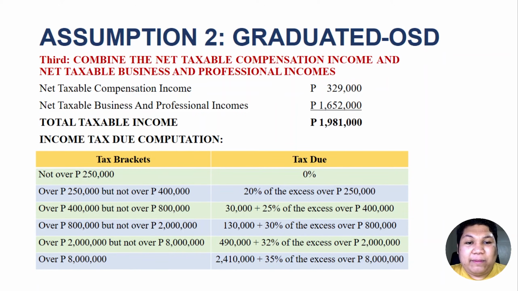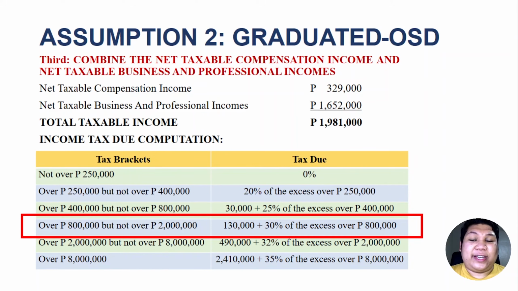So this 1,981,000 actually falls on the fourth row, and that is over 800,000 but not over 2 million. And the tax due is 130,000 for the first 800,000 plus 30% of the excess over 800,000.